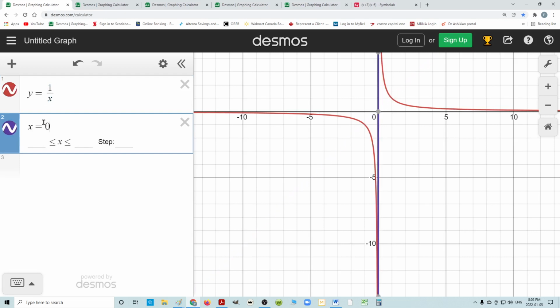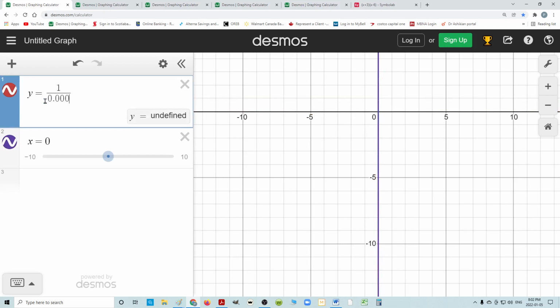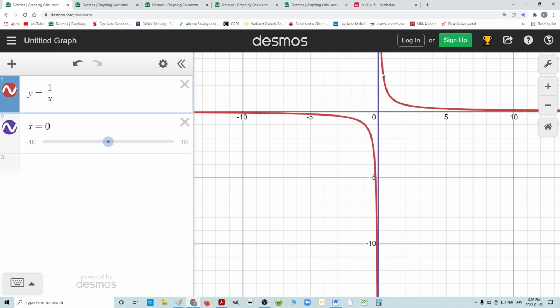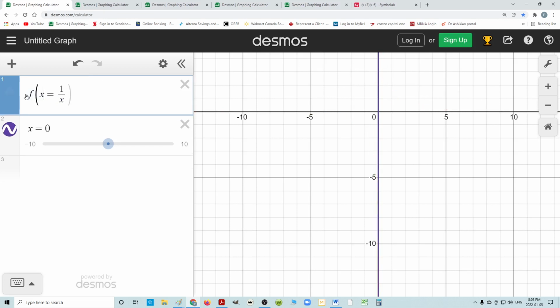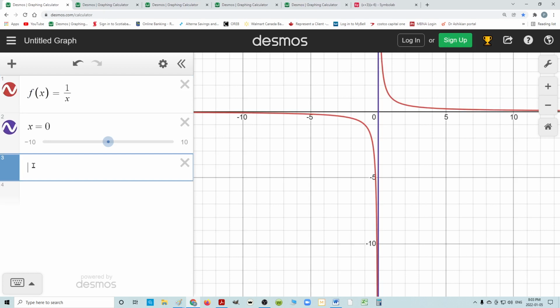But also as a result, there's no value I can put into this x that will create a y of 0. I put in 0.0001 for x here. I'm going to get 1 divided by 0.0001. I'm going to get y is a million, which means if I get x down to 0.001 on the positive side, the y value is going to be way up here in a million. We can see this when I put it into f of x, and I can throw in some values. f of 0.00001.